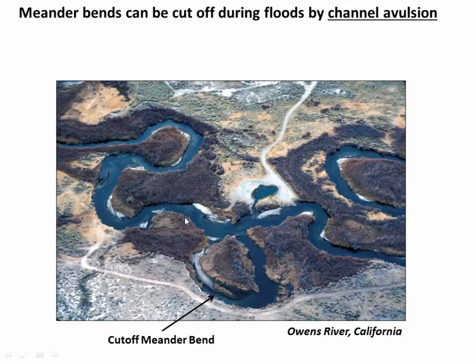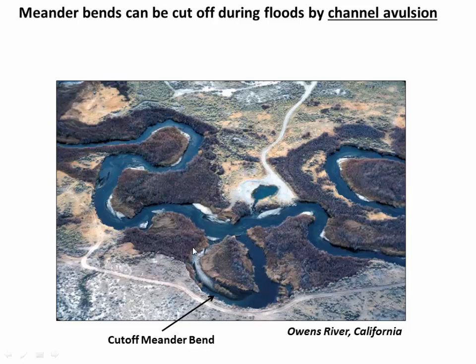Eventually, the path taken by that meandering river will become too long and circuitous, and it will be cut off, creating what's called a cut-off meander bend. So you can see the Owens River here once flowed like this and actually took this meander bend all the way around out here.